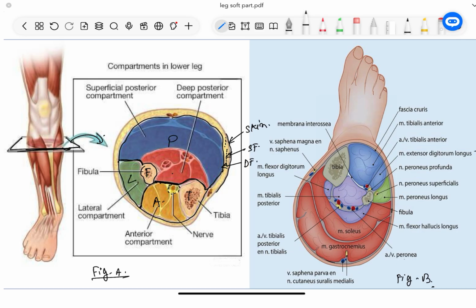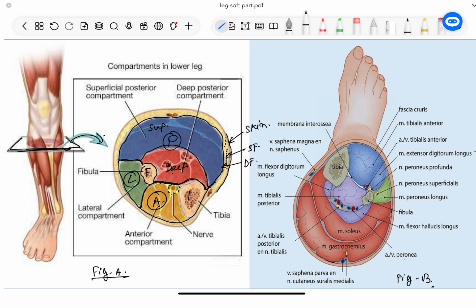The posterior compartment is again divided by a transverse septum, which moves inside from the deep fascia and divides the posterior compartment into two: one is the deep and another one is the superficial part. So we understood that in the leg there are a total of three compartments: anterior, lateral and posterior.